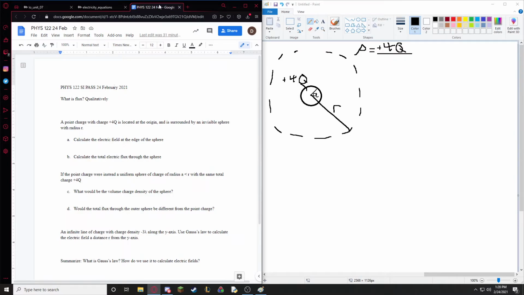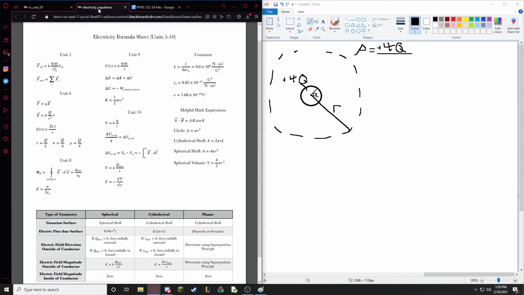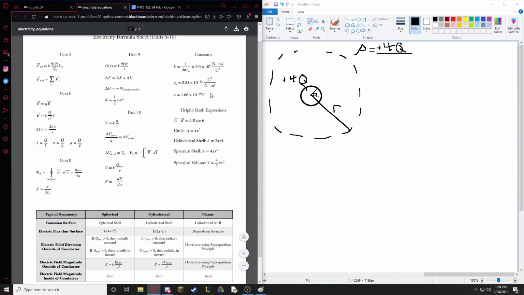And so what would be the volume of our sphere of charge? What's the volume of a sphere? That would be 4 over 3 pi a cubed. Yep, exactly. So the volume of a sphere is 4/3 pi r cubed. In this case, our radius is a, and he gives that to you on your formula sheet. These are actually really useful.